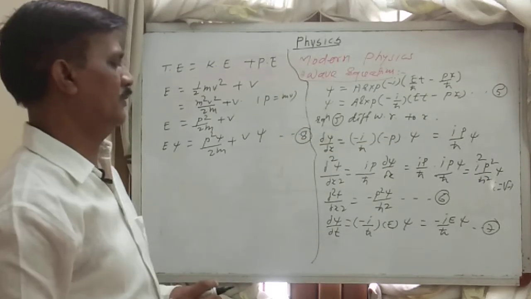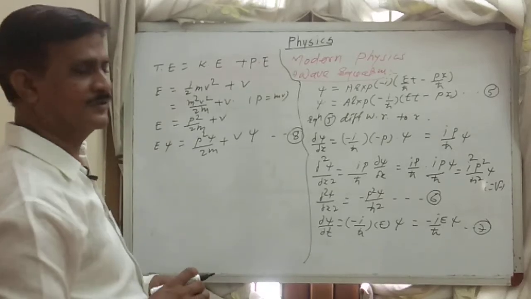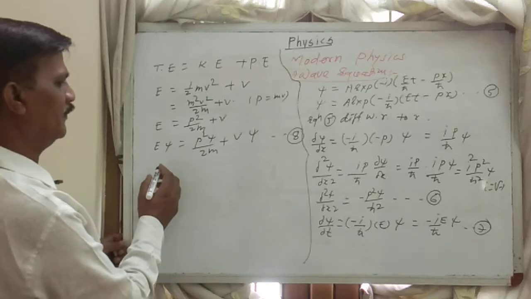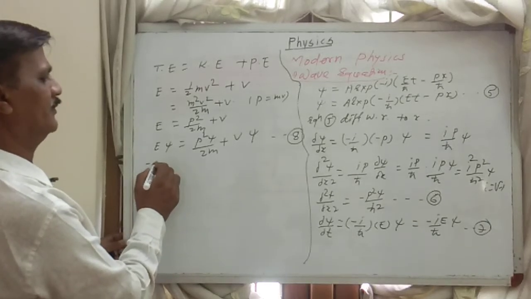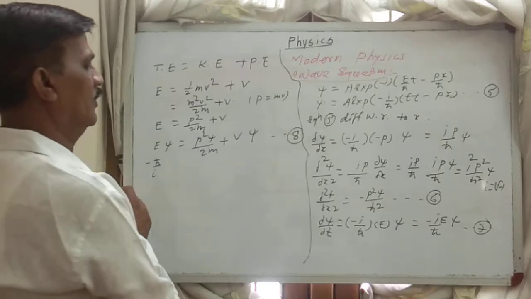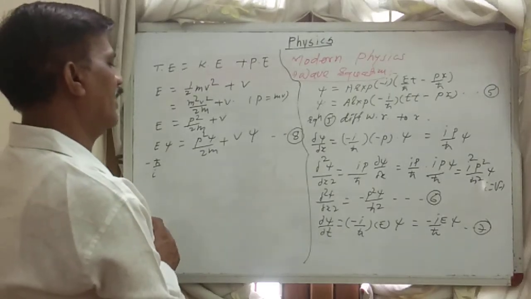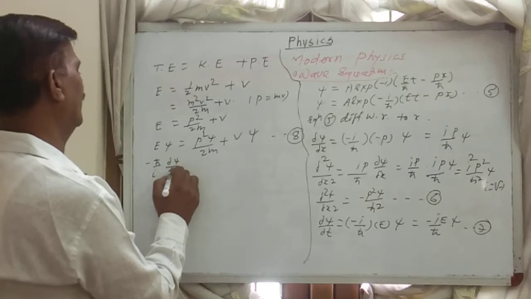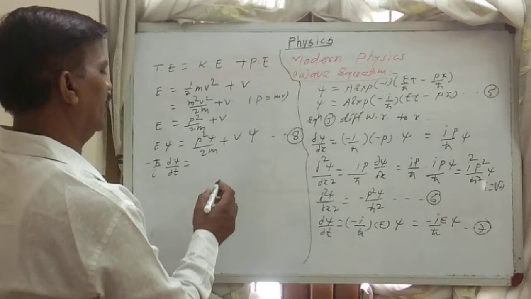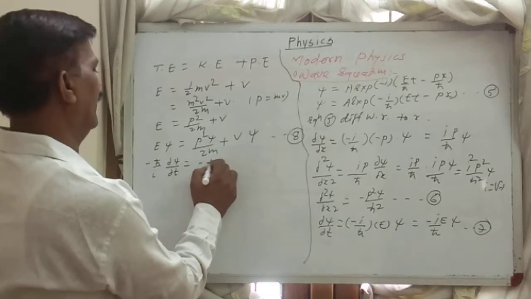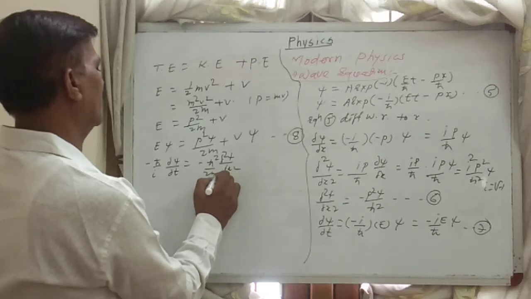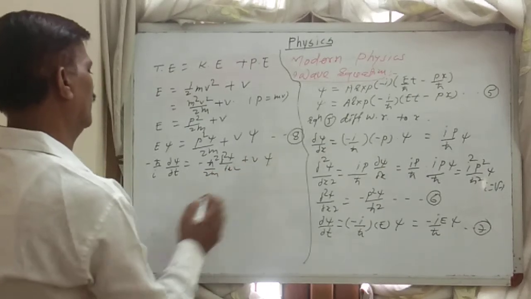Then we simply put the values from equations 6 and 7. We get the value of E psi as minus h cross by i del psi by del t, and the value of p square psi as minus h cross square del square psi by del x square, plus twice m plus V psi.